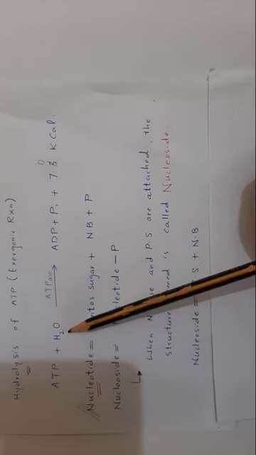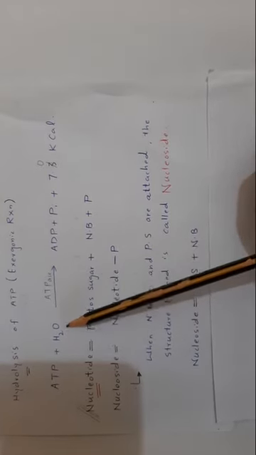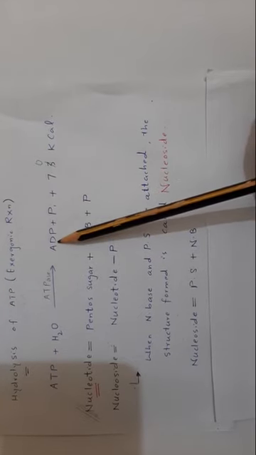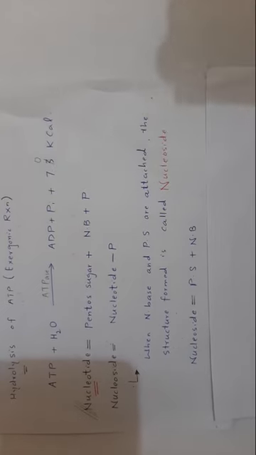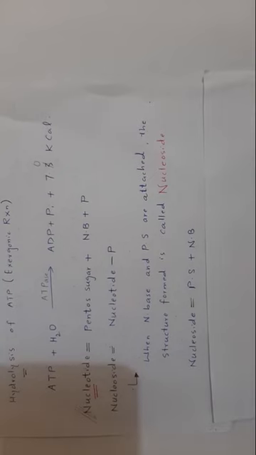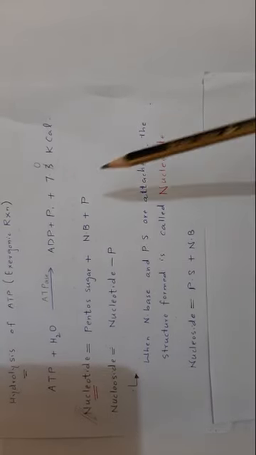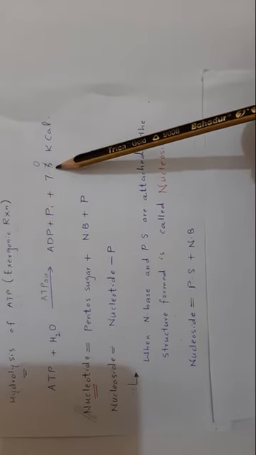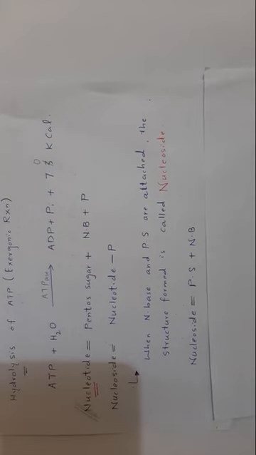So, when ATP is hydrolyzed in the presence of water and ATPase enzyme, it breaks into adenosine diphosphate and inorganic phosphate, and almost 7 kilocalorie energy is released.